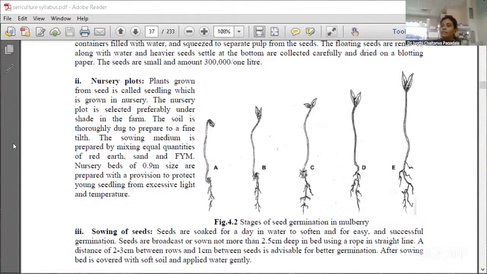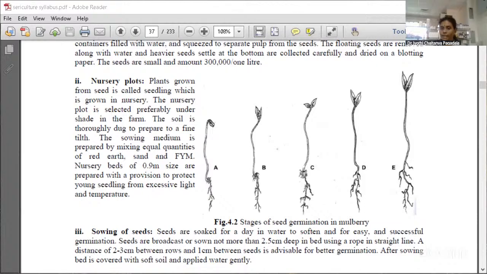Sowing of seeds. Seeds are soaked for a day in water to remove the dormancy and to soften the seeds. This is the easiest and a successful germination method. Seeds are broadcast or sown not more than 2.5 centimeters deep in the bed using a rope.